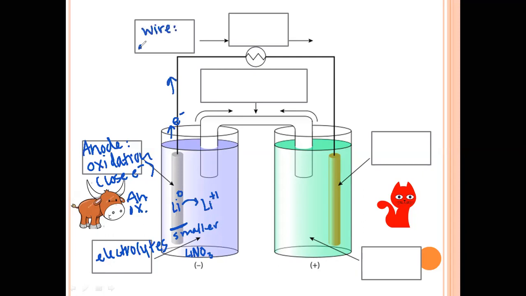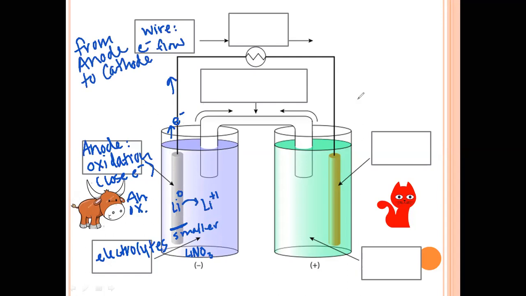So the wire is for electron flow. Electrons always flow from anode to the cathode. So that's how you would know what side the anode's on, because if the electrons are flowing left to right, the anode's on the left.